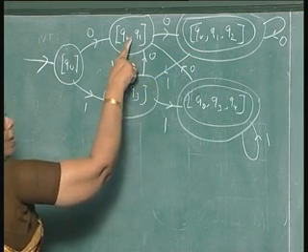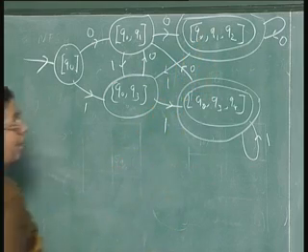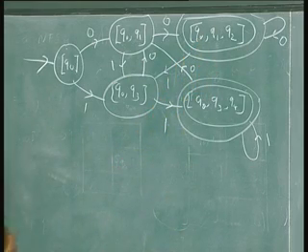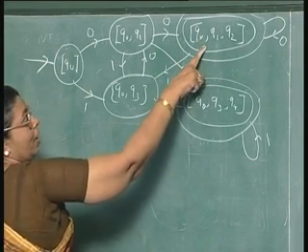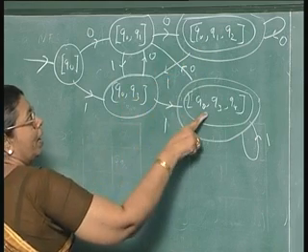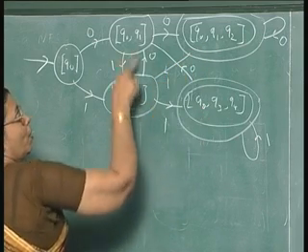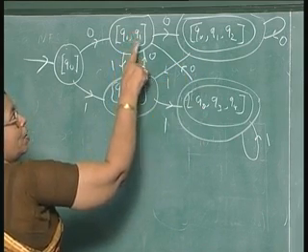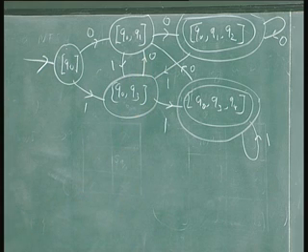If you are here and then you get a 1, 1 1 you will accept, 1 0 you will go here, then either you must get 2 zeros or 2 ones. So you can very easily see from this diagram that any string which ends with 2 zeros or 2 ones will be accepted.